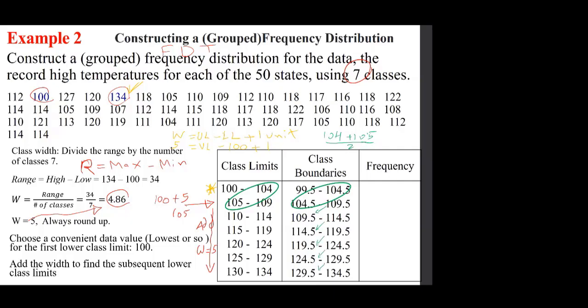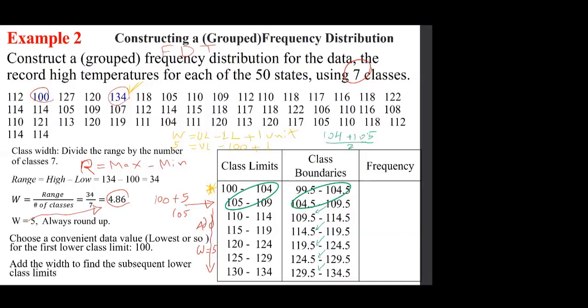So that's the idea of the boundaries. How do you come up with the boundaries? You come up with the upper boundary of the first class and lower boundary of the second class simultaneously, and the rest you just add the width. For the lower boundary of the first class, you subtract the width.